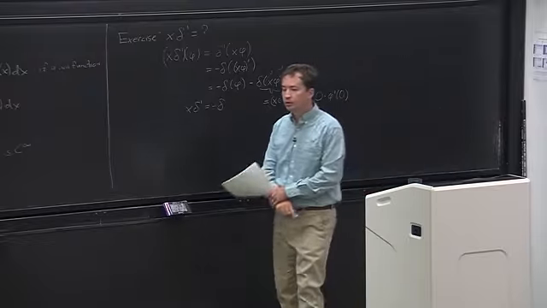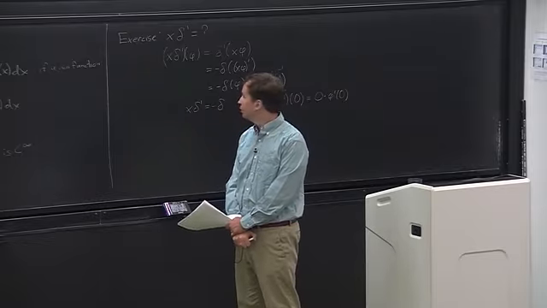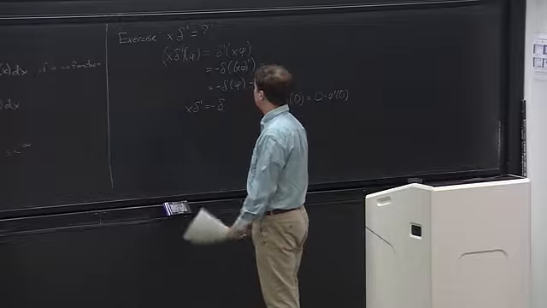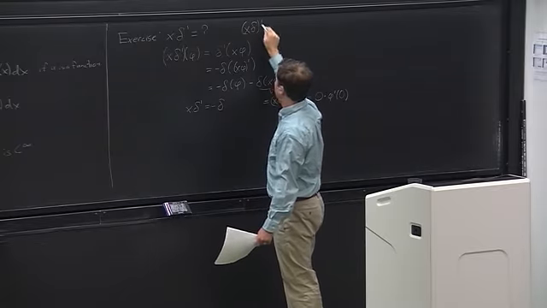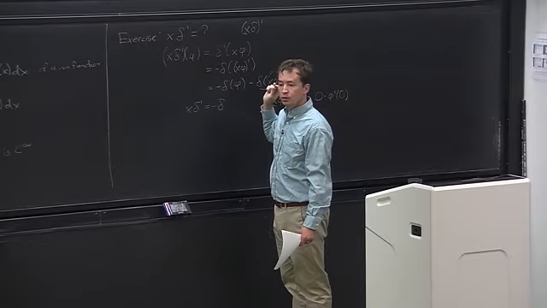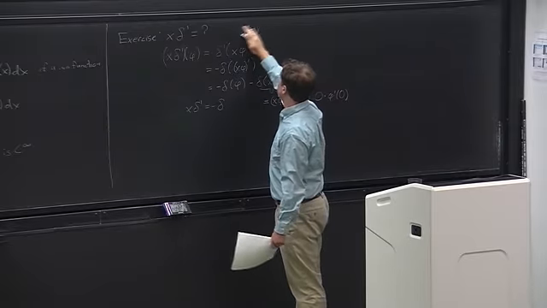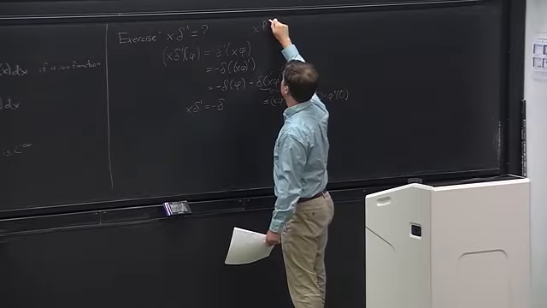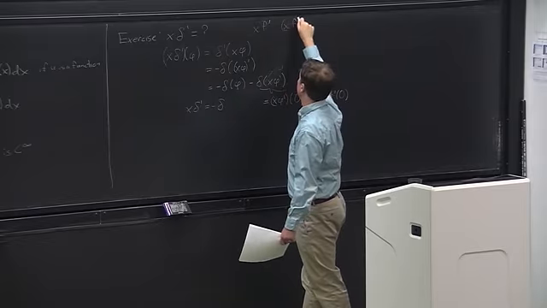Yes? Writing it this way means we are doing the multiplication first and then doing the derivative. So how would you write it if you do it the other way? If doing it the other way, I would write it as x delta prime. Well, the prime is only taking the derivative of delta. That's right. In the same way that if I had x times the derivative of a function, I would write it like this, and if I wanted to take the derivative of x times the function, I would write it like that.